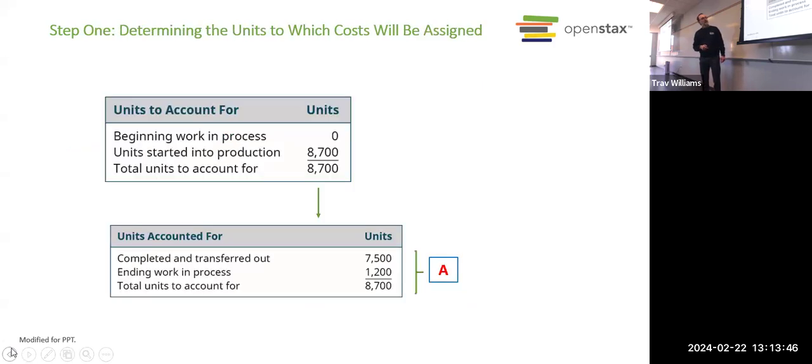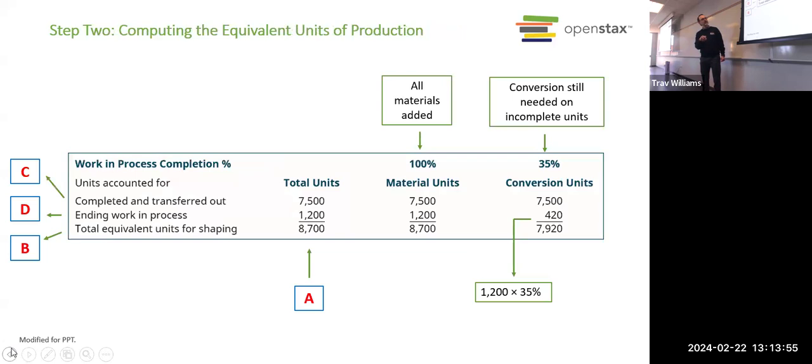And then we use that information. So for example, if they completed 7,500 units during the period and they have 1,200 left over, we see those numbers here. Remember that our total column is the same as our material column, right? Why is that? Why are those two columns always the same?